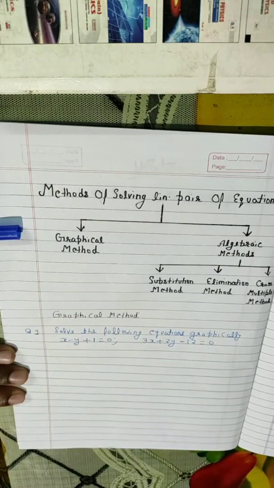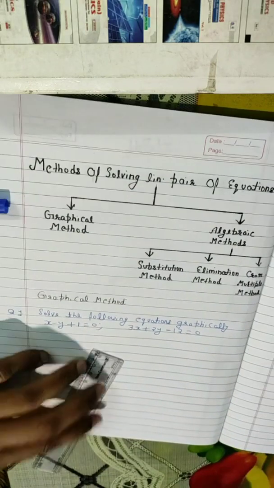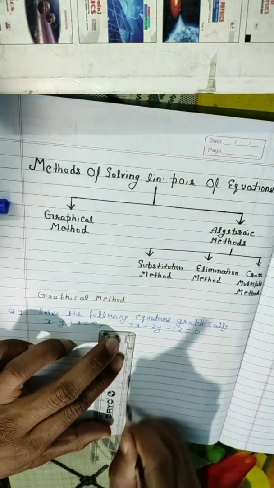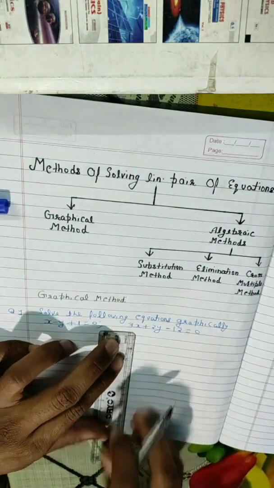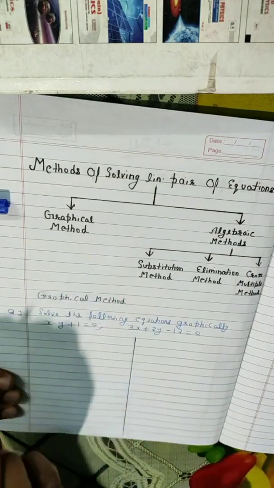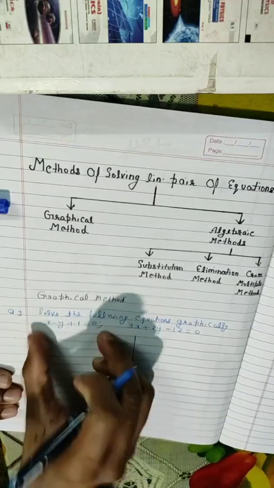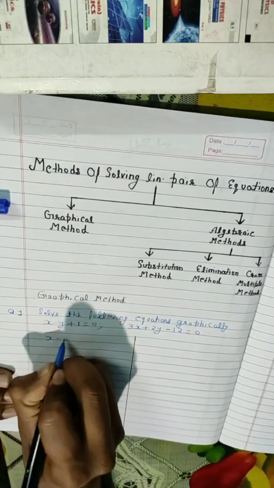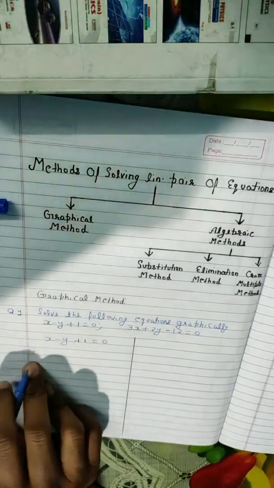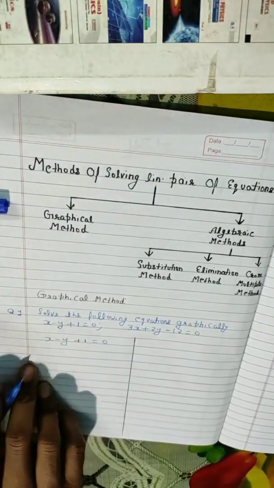Let us solve them. First of all we will find some solutions for representing them. Let us take the first equation, x minus y plus 1 equals 0. I will express one variable in terms of another.